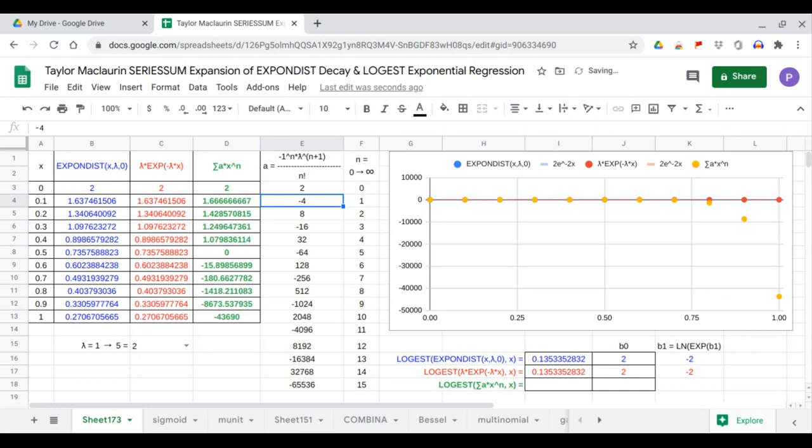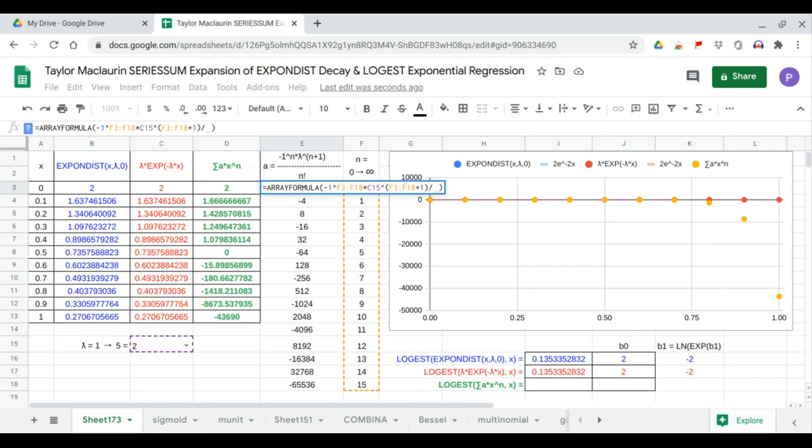Enter. Now we continue with the denominator. Divided by factorial n. Enter.